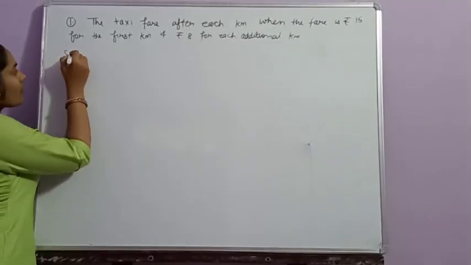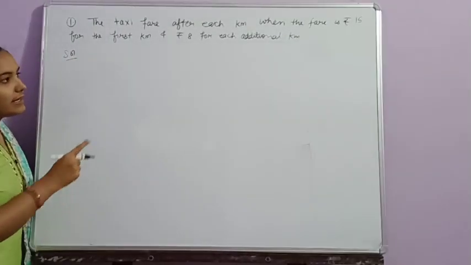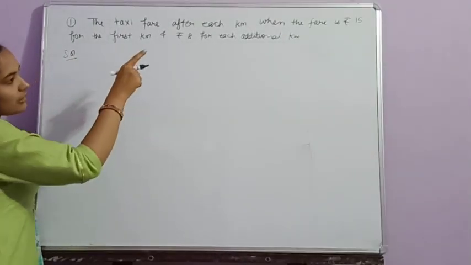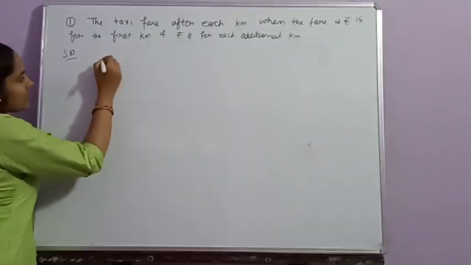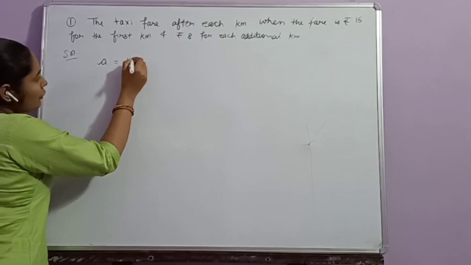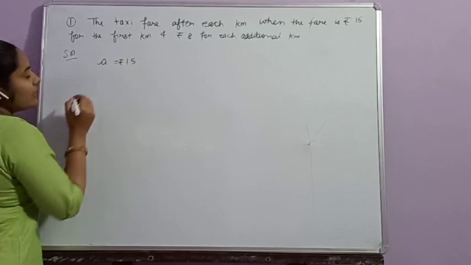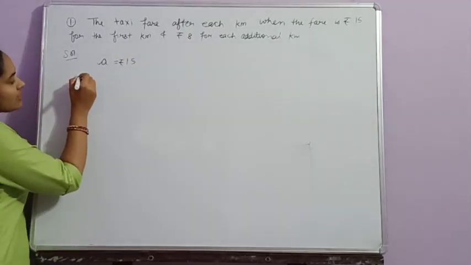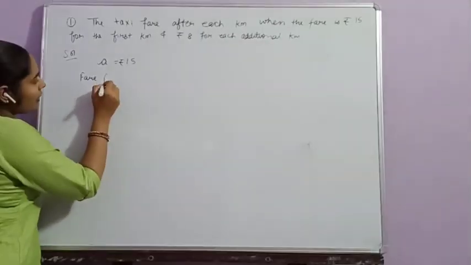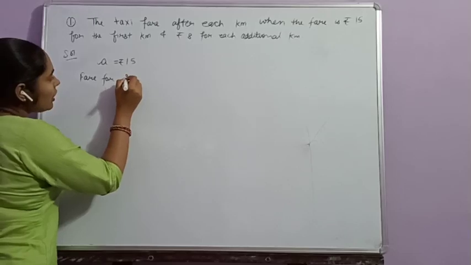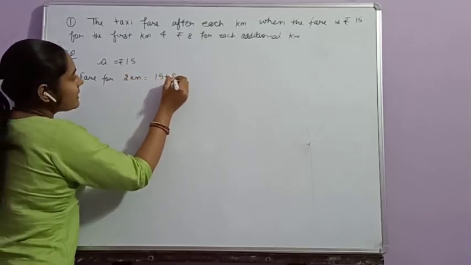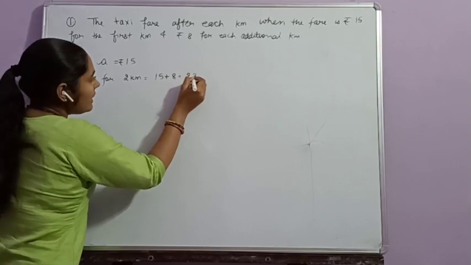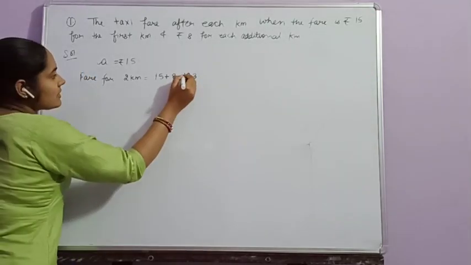Clear? Here we can see that fare for first kilometer is rupees 15. That is equal to A is equal to 15 rupees. Clear? Then fare for next kilometer, it means fare for 2 kilometer, that is equal to 15 plus 8, that is equal to 23 rupees.